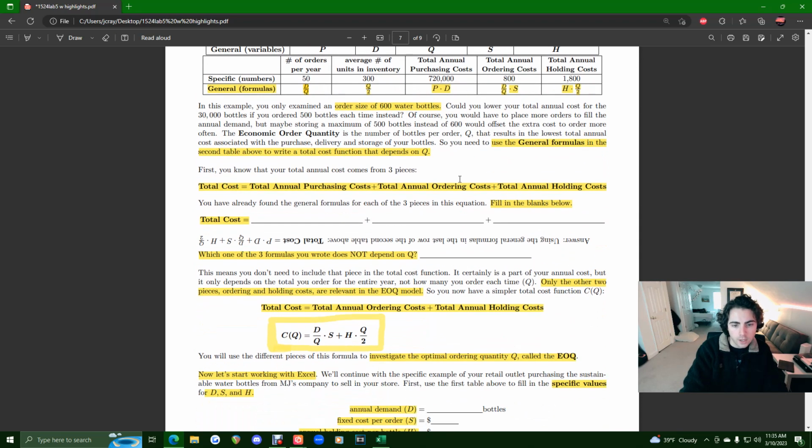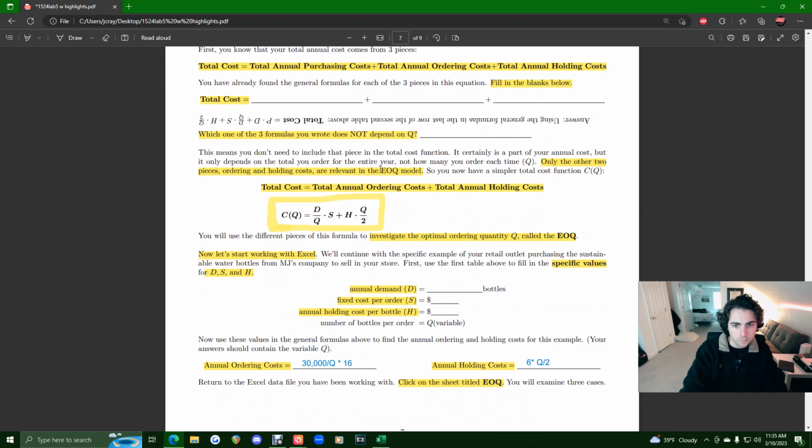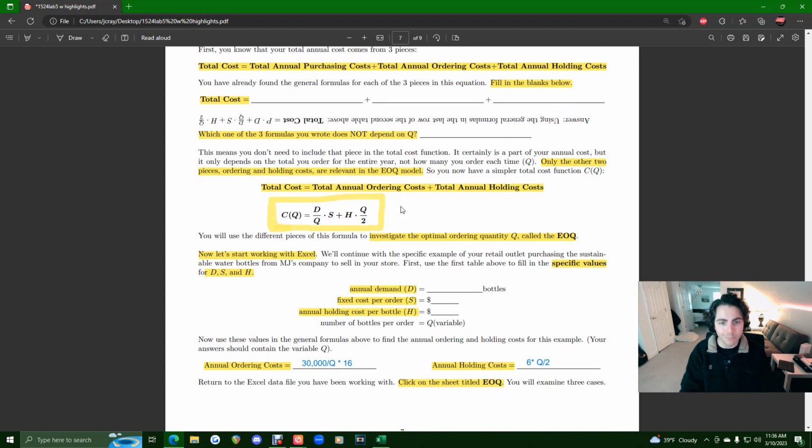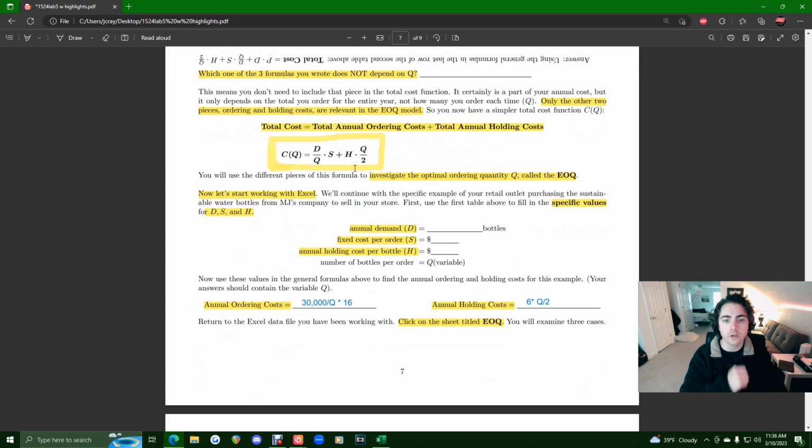It's not dependent on the quantity, so it doesn't affect the EOQ. So you have a simpler total cost formula here. You still have to consider the total annual purchasing cost, it still plays a role in your cost, but for the EOQ, you don't need to think about it.